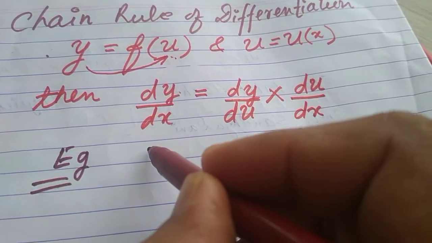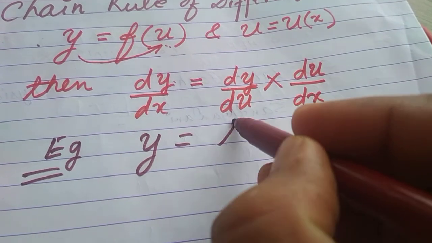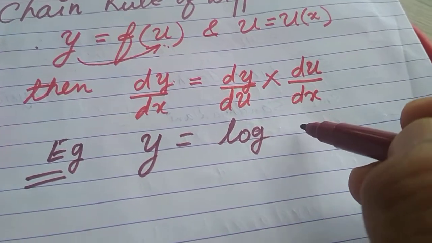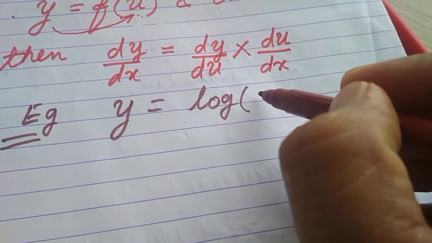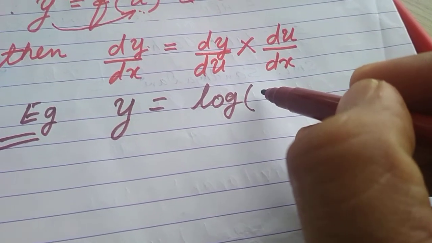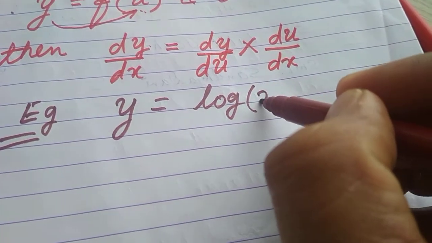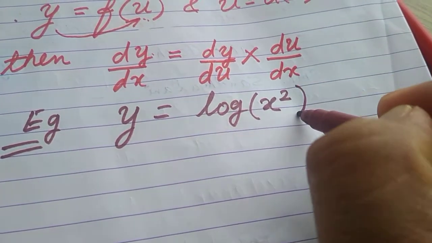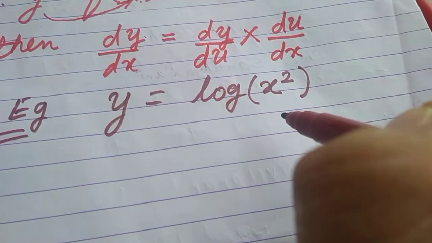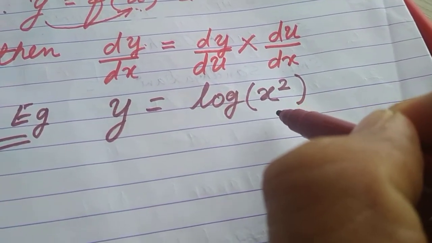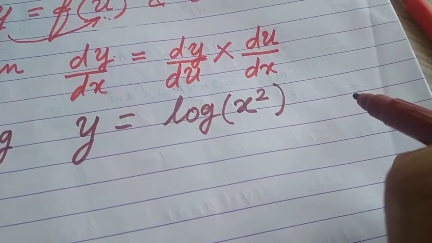Say for example, y is equal to natural log, ln, of x square. So y is equal to log of x square, but x square in turn is a function of x.